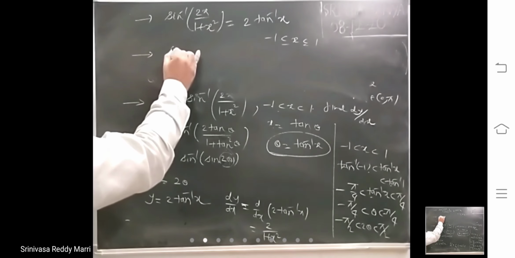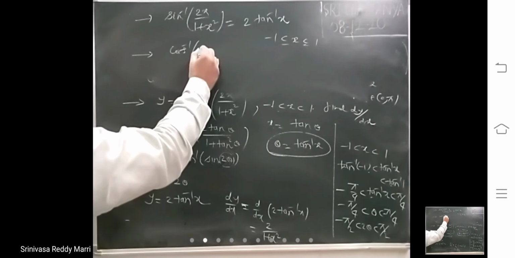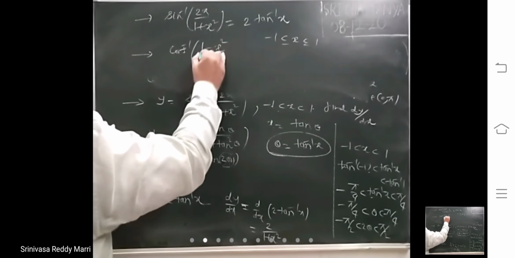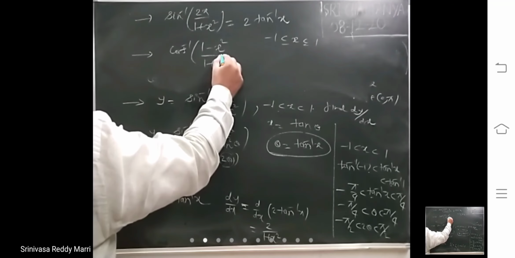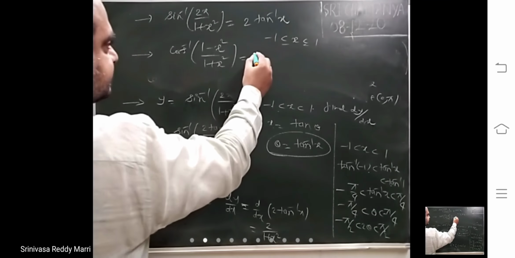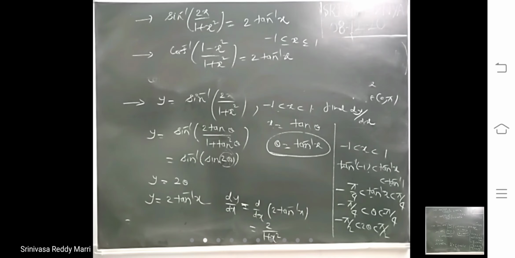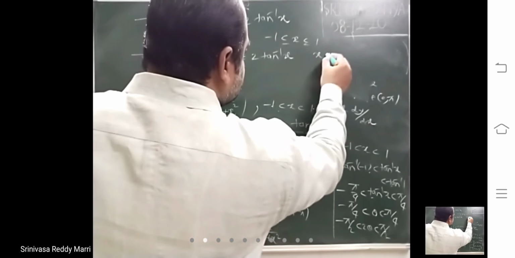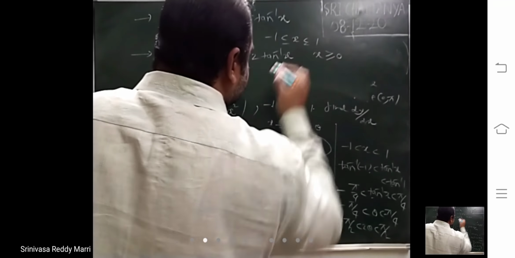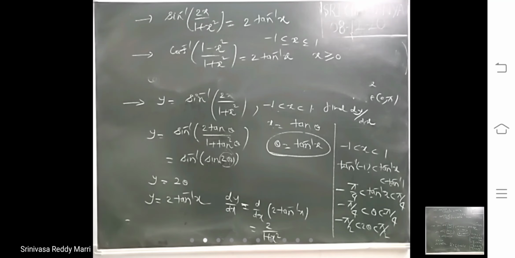Next. Similarly, cos inverse of 1 minus x square divided by 1 plus x square equals 2 tan inverse x when x is greater than or equal to 0.